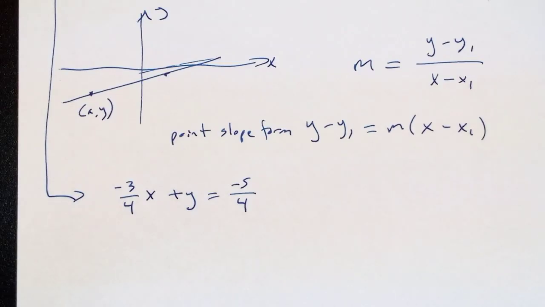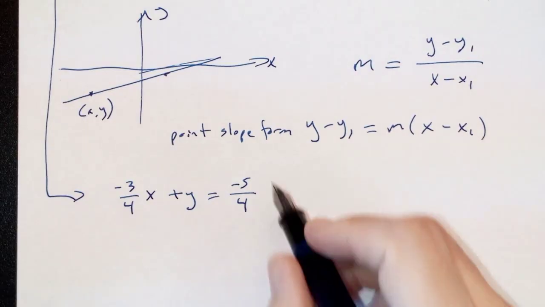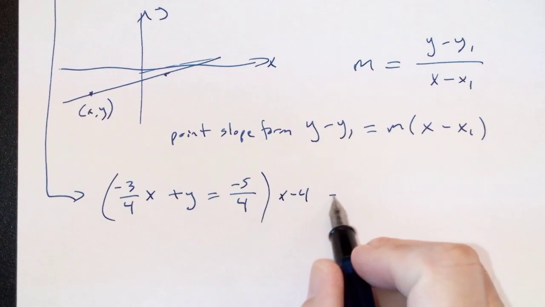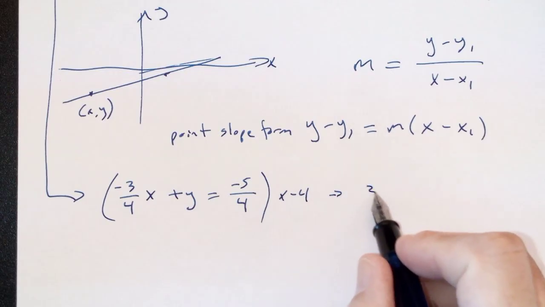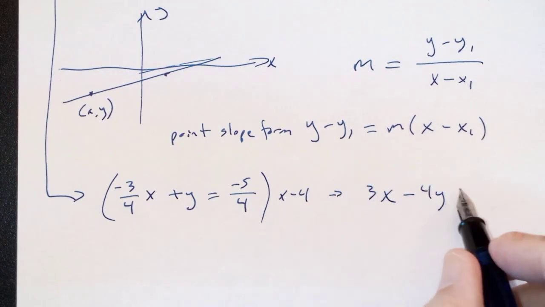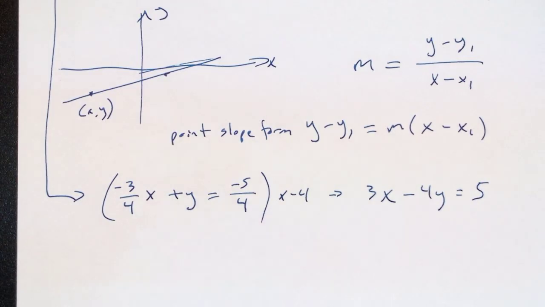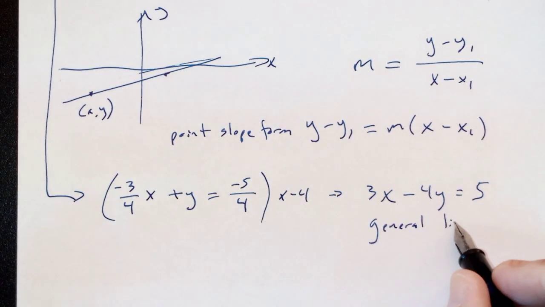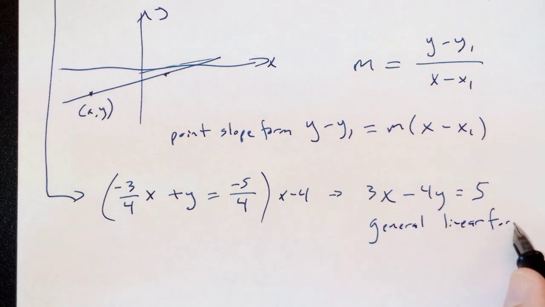Actually, I'm going to multiply through by minus 4. Multiply everything in this equation by negative 4 to get an equation written like this, which is referred to as the general form of a line. Or the general linear form.